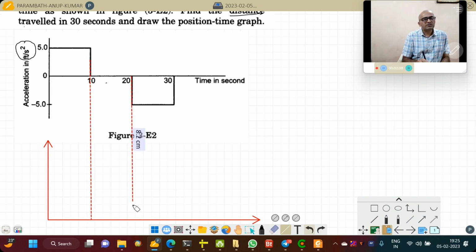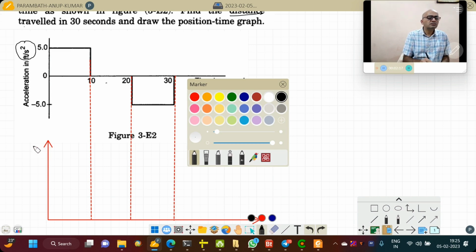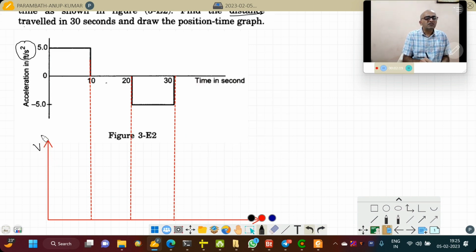This is the line corresponding to 20 seconds. And this is the line corresponding to 30 seconds. So students, our times are available to us. This is the velocity time graph. This is velocity, which is in feet per second, students. And this is time t.